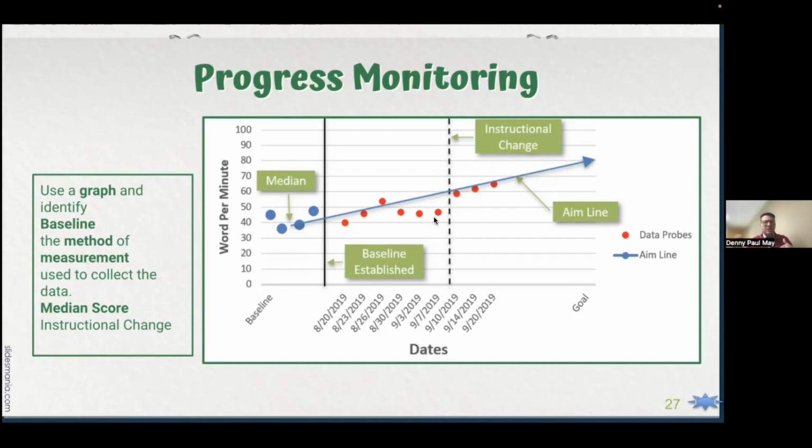So you got some rules in progress monitoring, and those rules are typically, if you start to see a student drop well below the aim line for 3 consecutive or 4 consecutive data points, then you would make an instructional change. You would talk about that in your analysis, and you would indicate that with a vertical line on your representation.